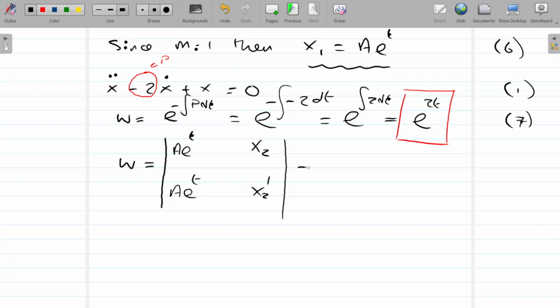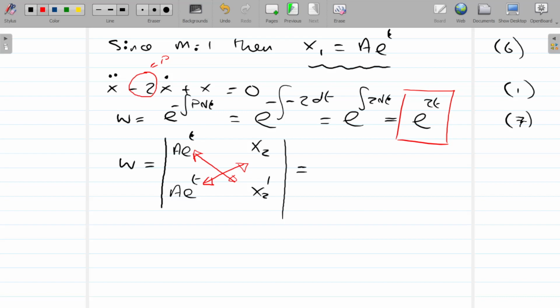And the determinant of this is as follows. You multiply this with this, minus this times this.